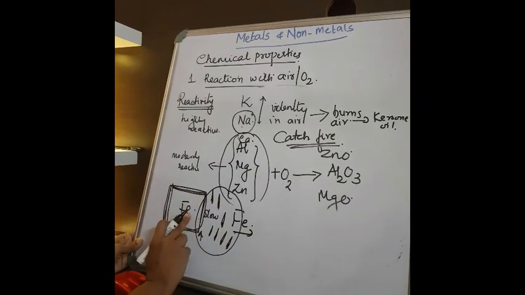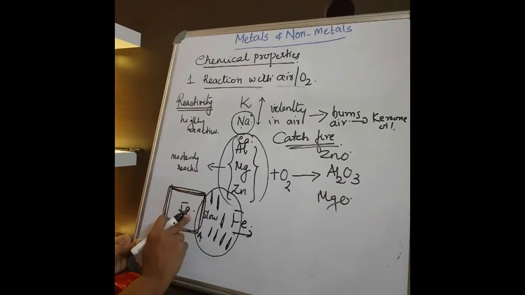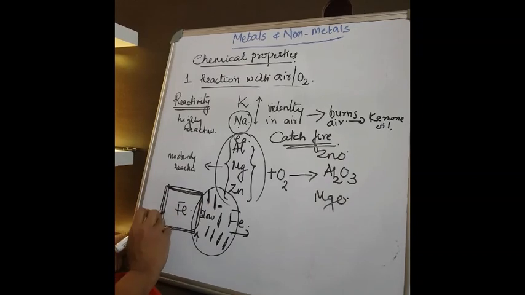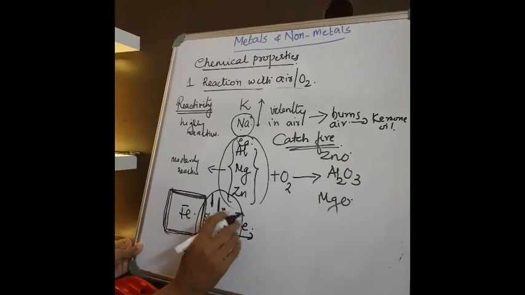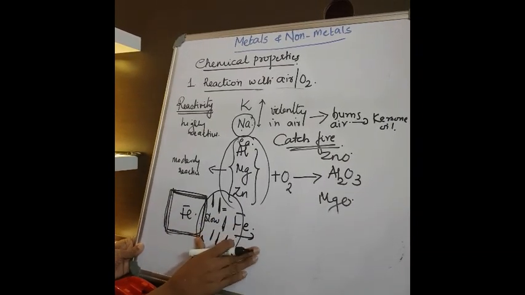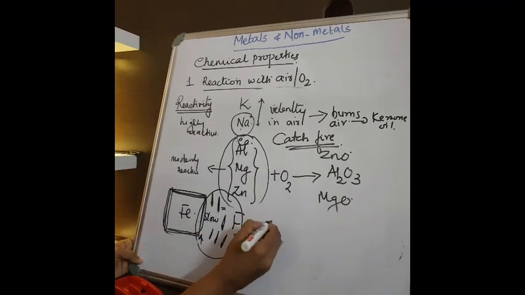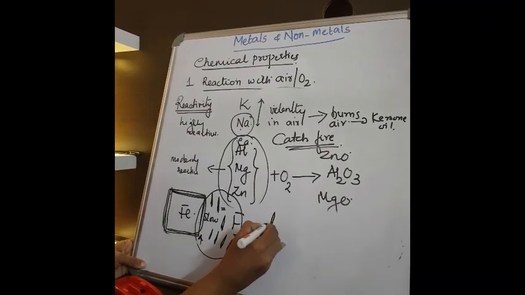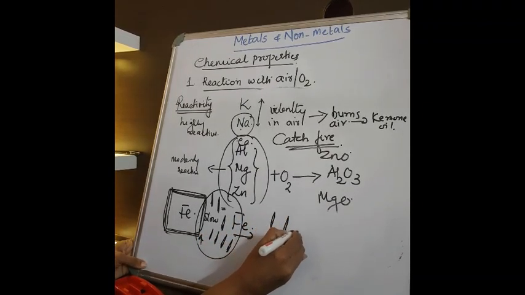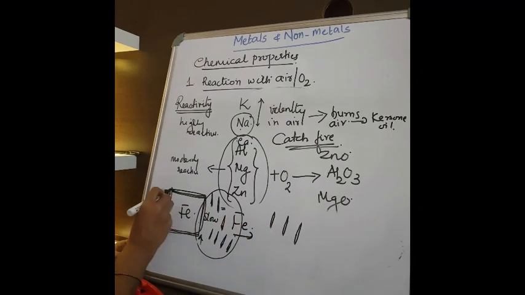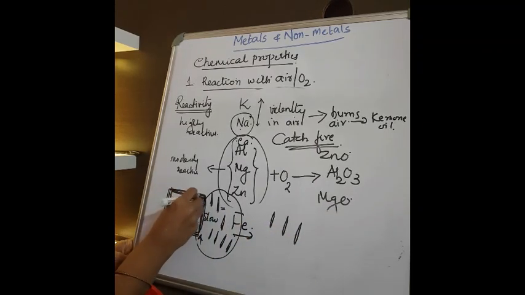If I take an iron block, the reaction is slow, but if I take iron filings, the reaction is fast. Why so? Because if I take iron filings, what will happen to the surface area? In this iron block, the surface area is only this.